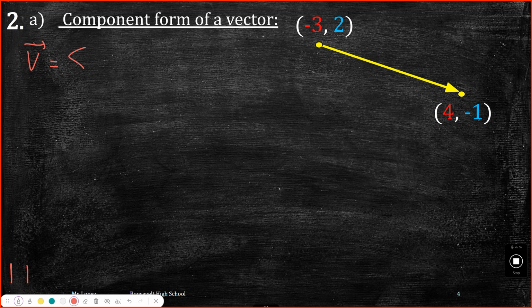The formula says x2 minus x1, and then this one is going to be y2 minus y1. So if this is point 1, this is x1, y1. This is point 2, x2, y2.